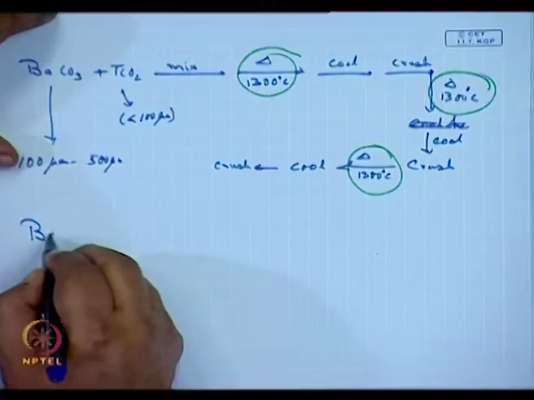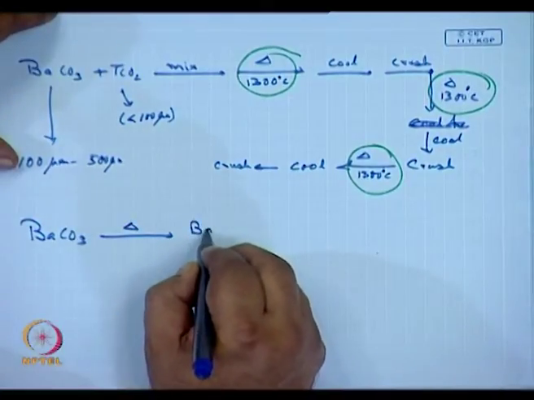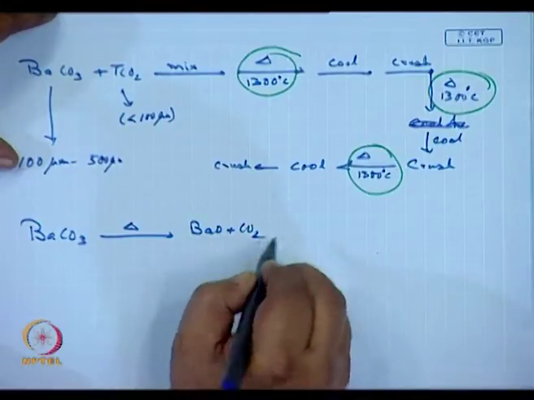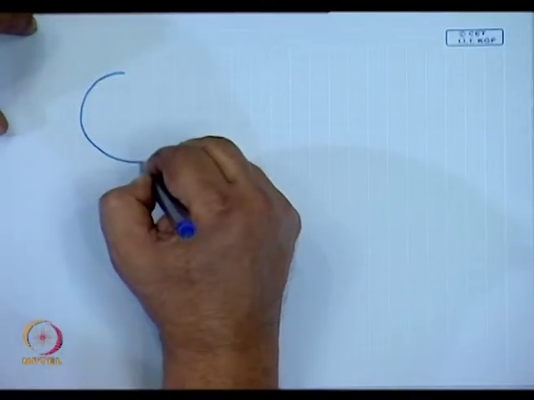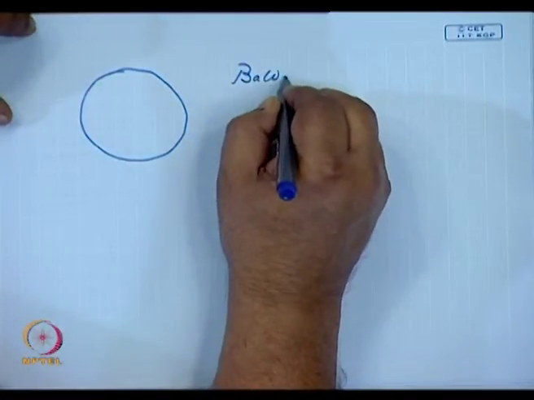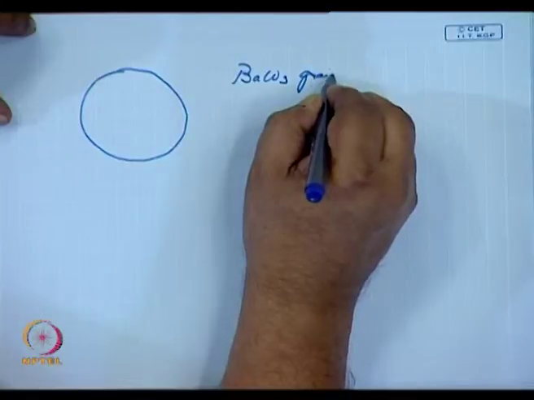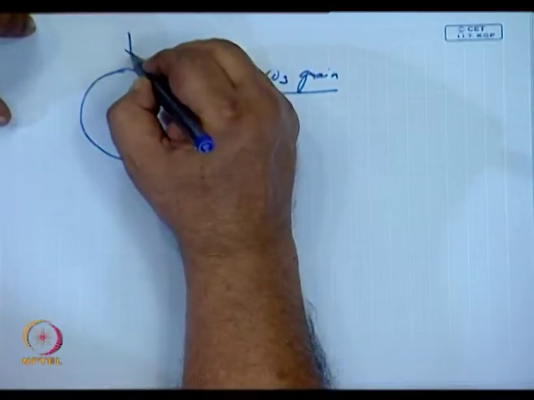When barium carbonate is heated, we conveniently write it forms barium oxide plus carbon dioxide. In reality, what happens is far tougher. This is the barium carbonate grain, and heat is supplied to it.